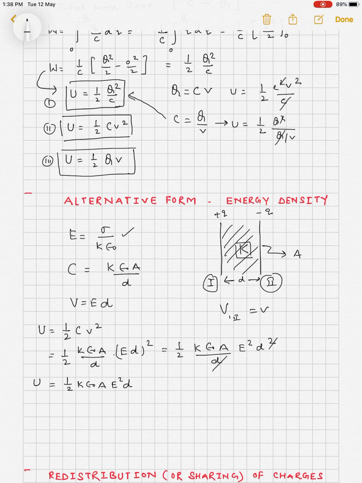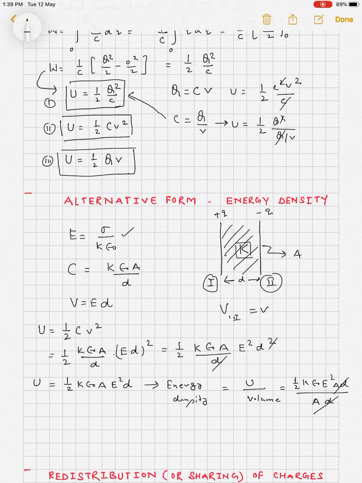Now the energy density is equal to U upon volume. So U is half K epsilon naught E square Ad and the volume between the plates of the capacitor is Ad.